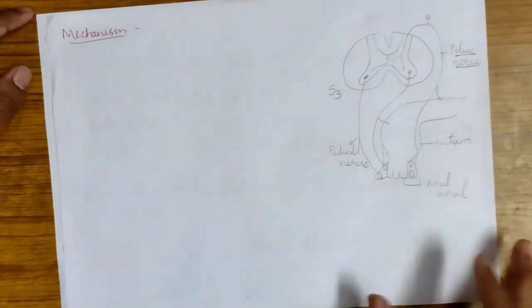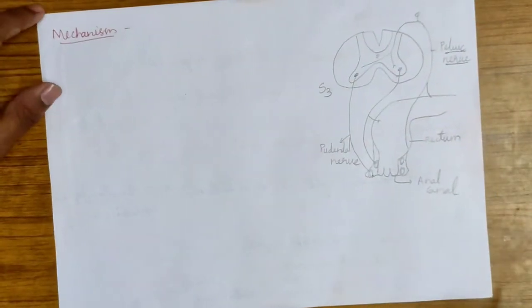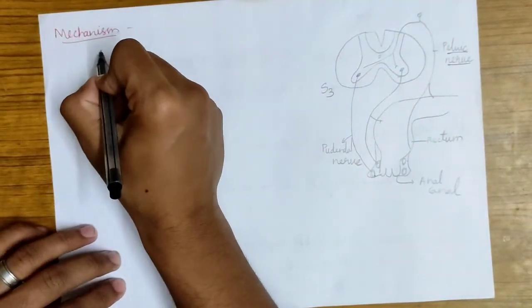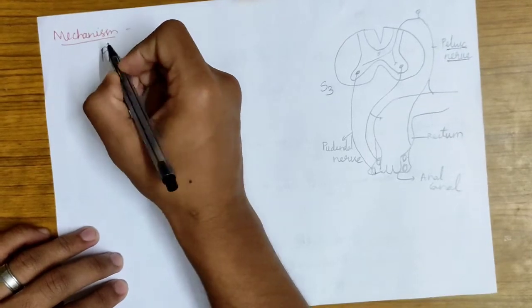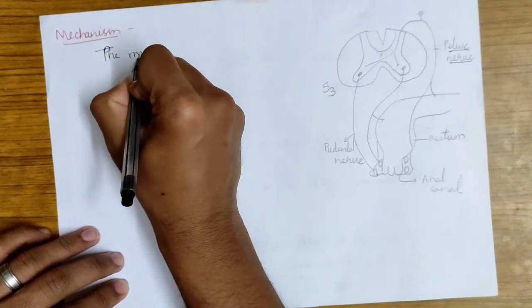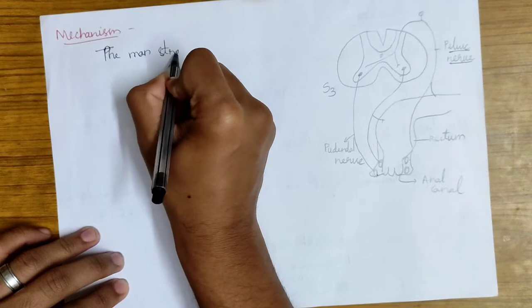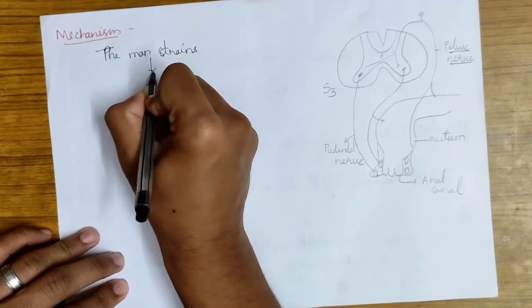So now let's talk about the mechanism of the defecation process. So first, the man strains, due to which there will be increased abdominal pressure.